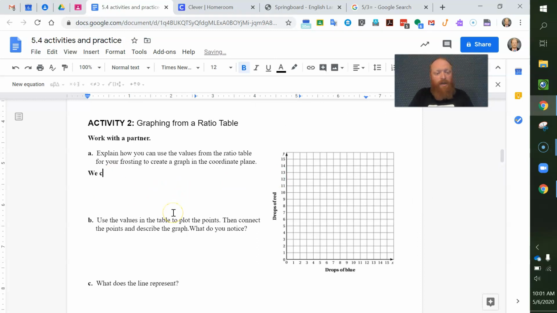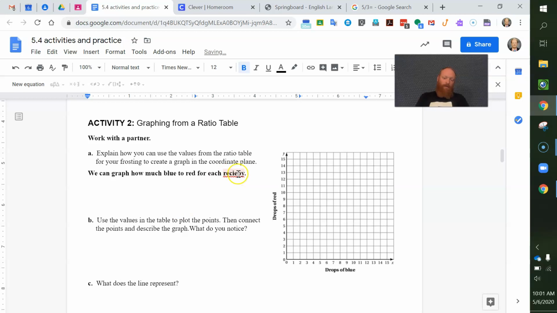Okay, so explain how you can use the values to create a graph in a coordinate plane. We can graph how much blue to red for each recipe.